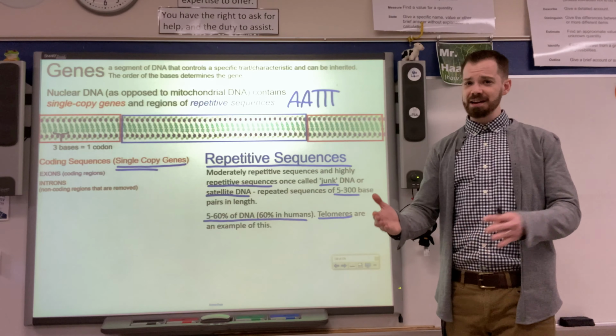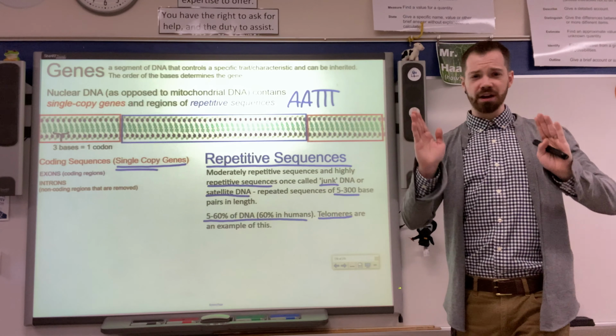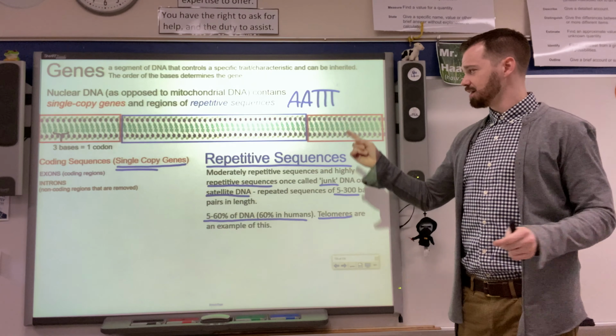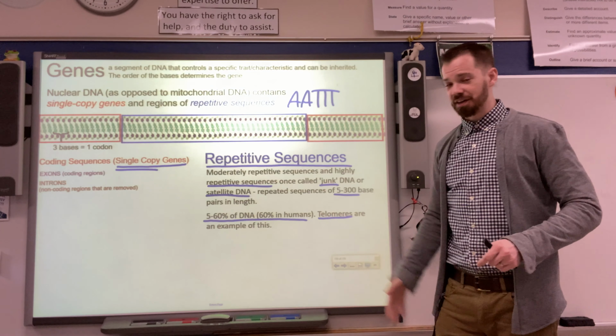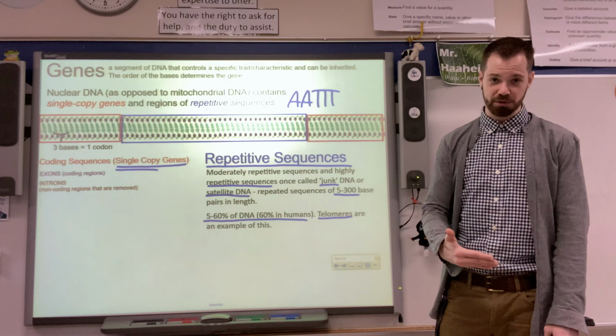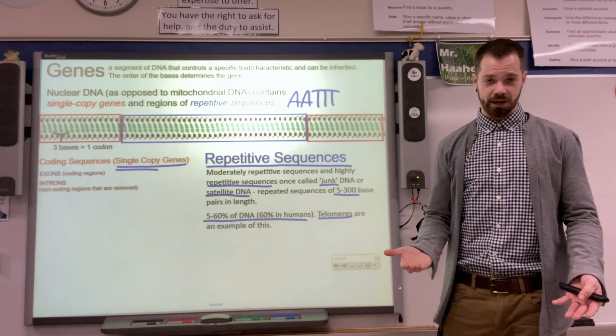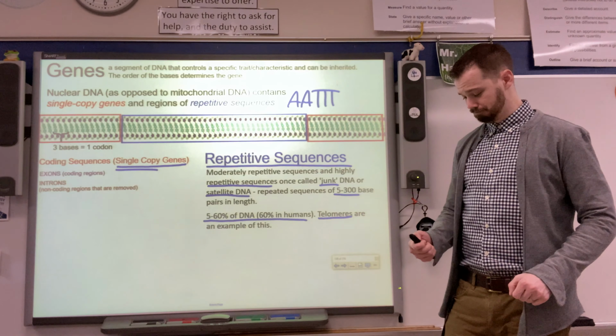And that 5 to 300 letter word just happens over and over again in between your genes. Now, this actually makes up a significant portion of DNA, somewhere between 5 and 60%, depending on the organism. So in humans, it's roughly 60% of our DNA.